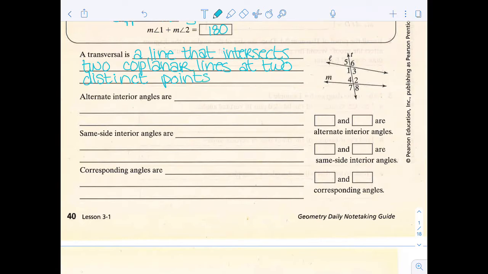Okay, so it doesn't always have to be two parallel lines. A transversal just intersects two lines. So like here, L and M are not parallel, but T is still a transversal.